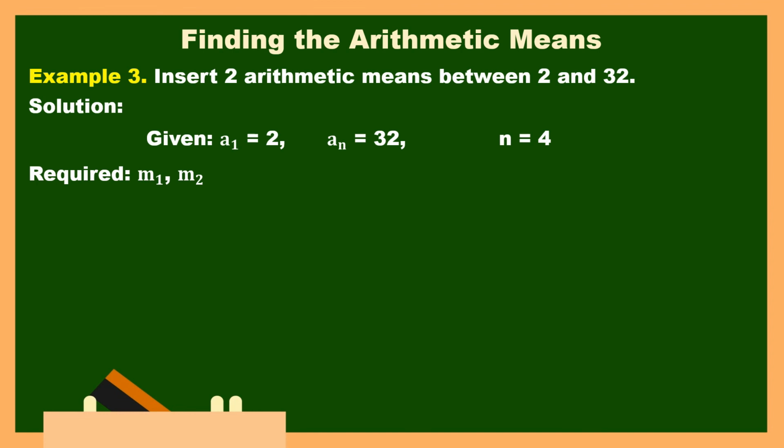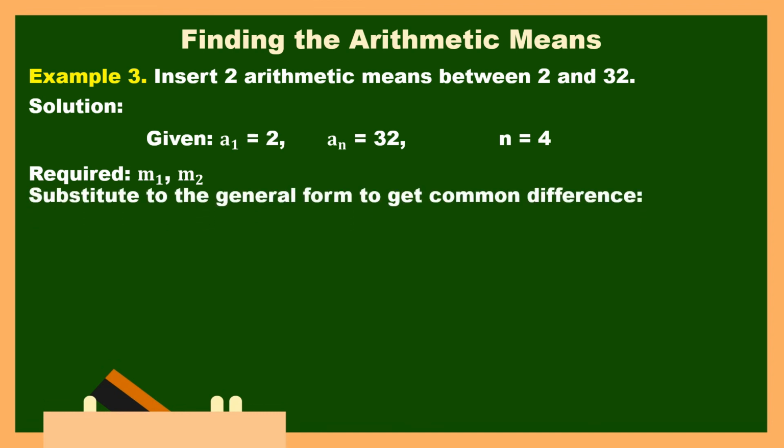Ngayon naman, gamit ang value ng a sub 1, a sub n, at n, ay isa-substitute natin ito sa ating general rule of the arithmetic sequence to get the common difference, since unknown pa ang ating common difference. So, the general rule is a sub n equals a sub 1 plus the quantity of n minus 1 times d.